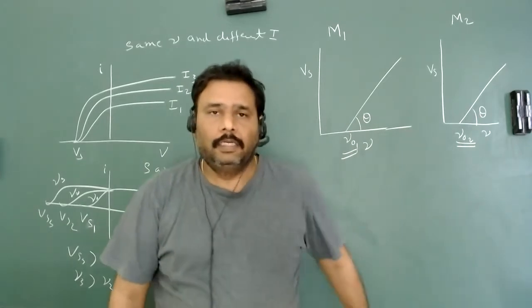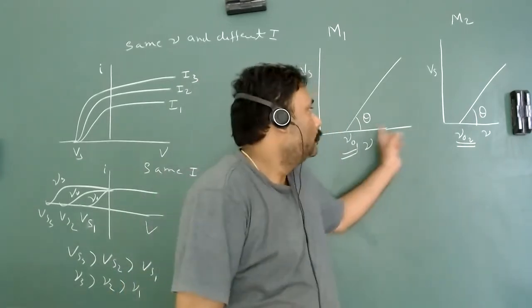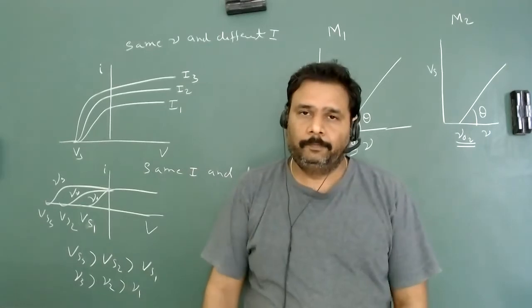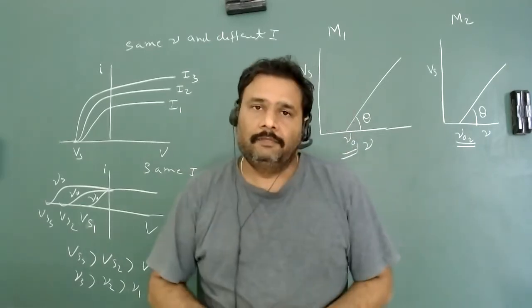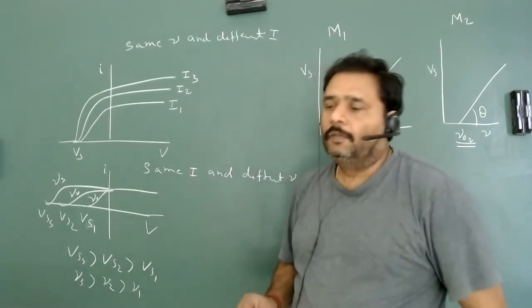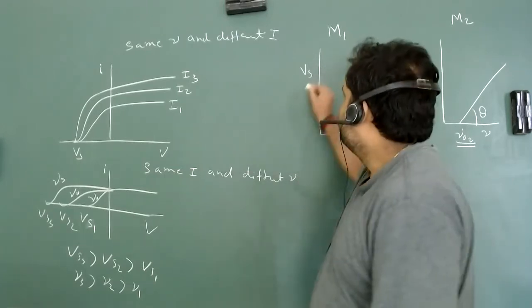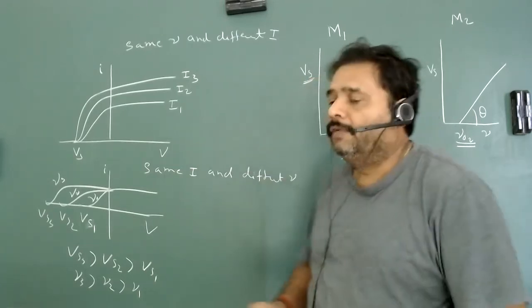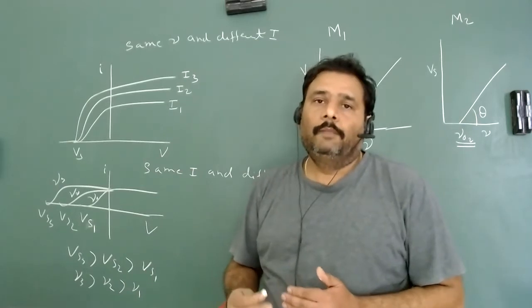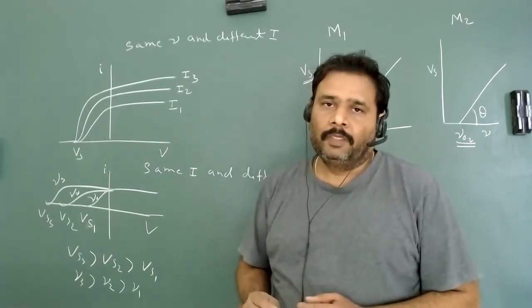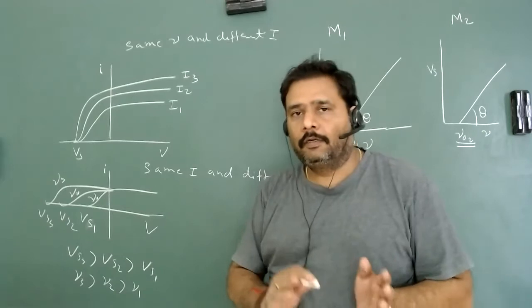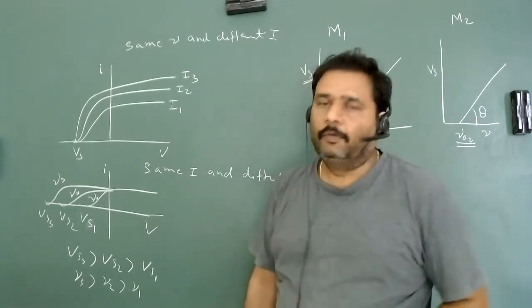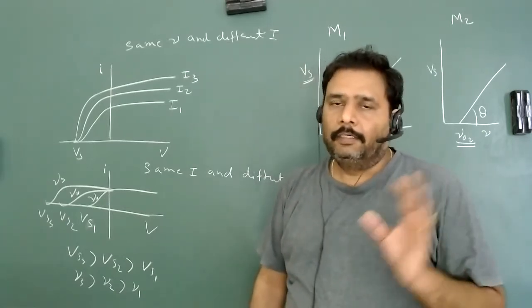This curve is approximately a straight line, and this slope is the same. This is very interesting, and we also concluded that this Vs is related to the maximum kinetic energy. Only those electrons whose kinetic energy is more will cross the barrier. We have understood this.